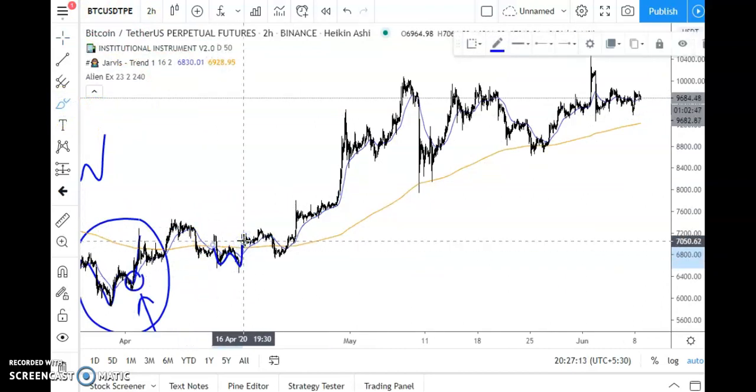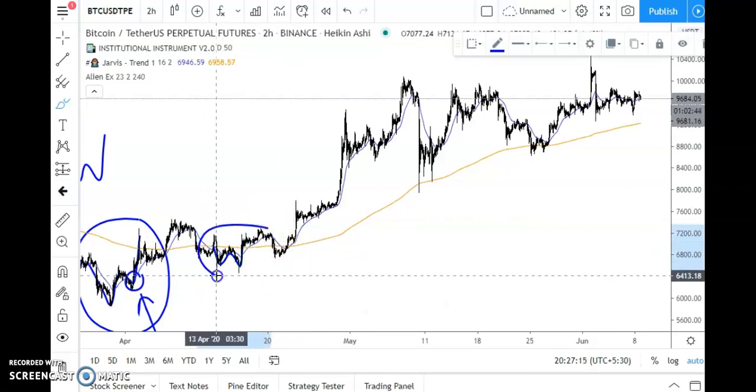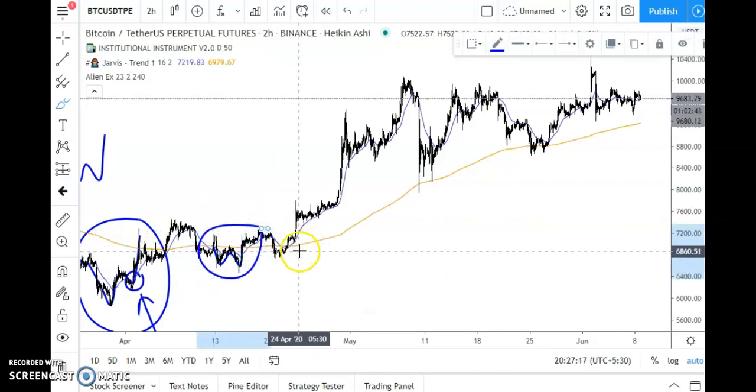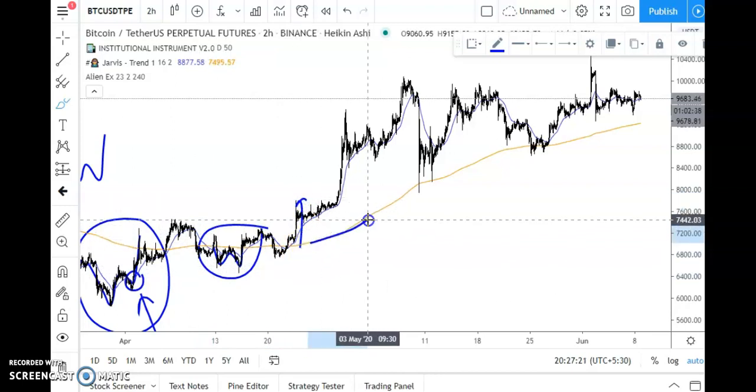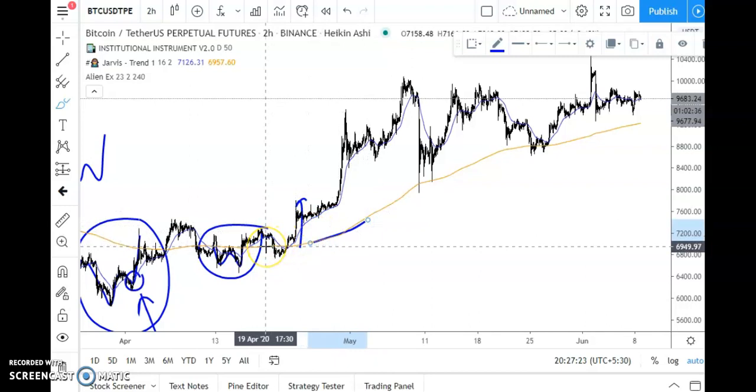One thing you notice: you identify the pattern and you also make sure the trend is above the 4-hour 200 EMA line. If you want to increase your accuracy and be safe for trading, always check where the market is going.